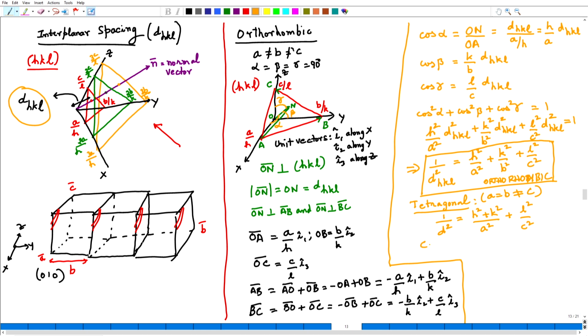For the cubic case, which is the simplest, where you have a equals b equals c, I have 1 upon d square hkl equals h square plus k square plus l square upon a square.